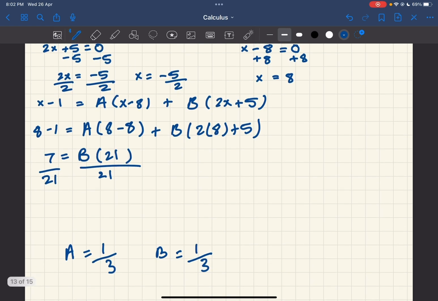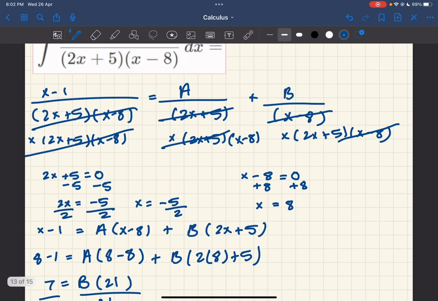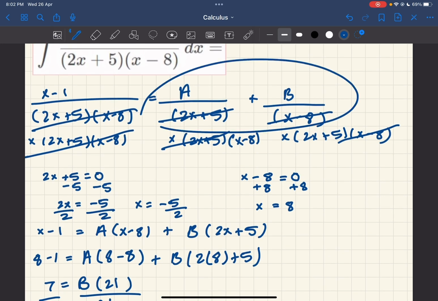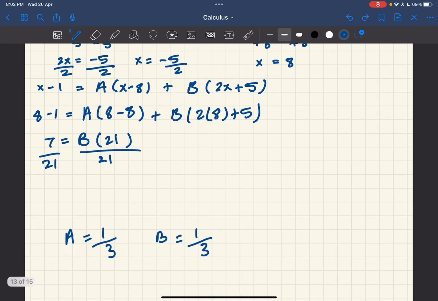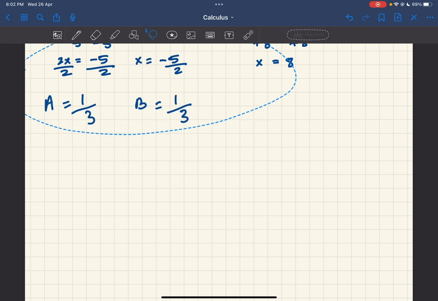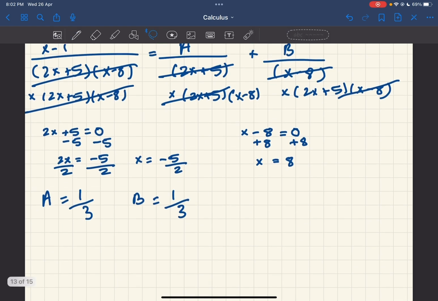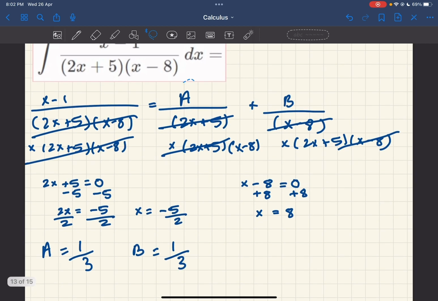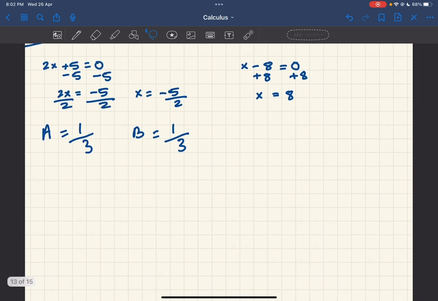Okay, now that we have what a and b are, we can now substitute them into the partial fractions that we have right here. So let me just rewrite this because it's a bit messy. One second, just move that to the top. There we go. So we're going to write the same exact thing right here, but on the bottom, and we're going to rewrite the question.